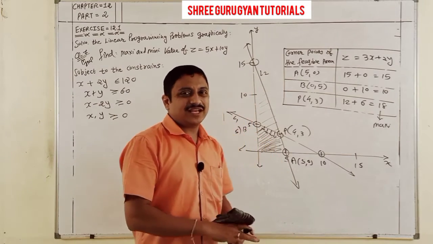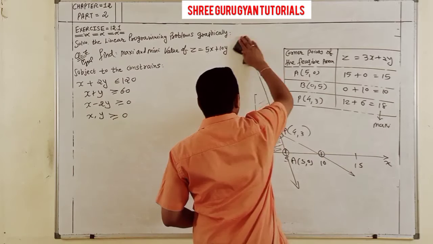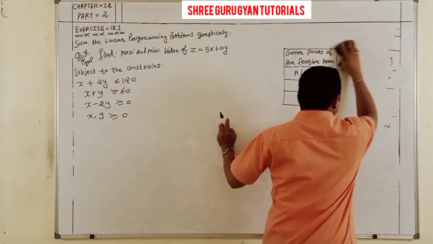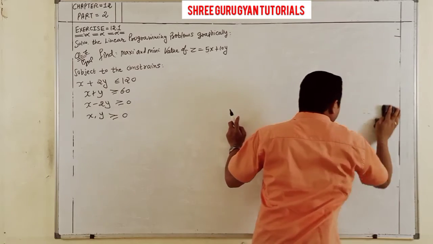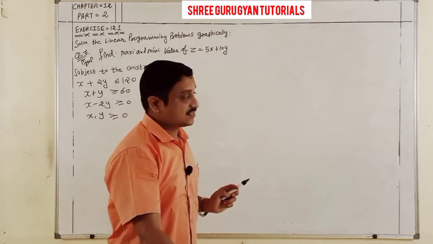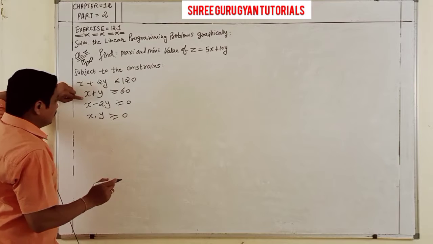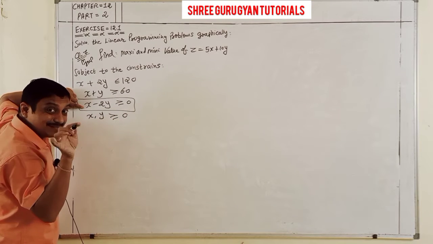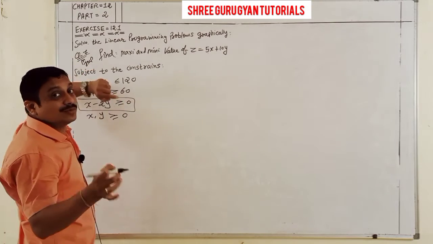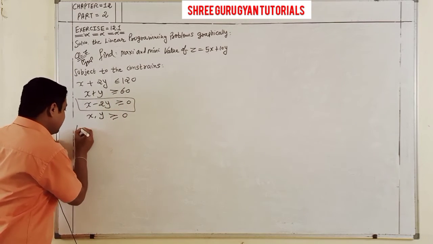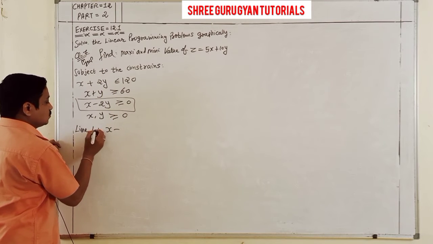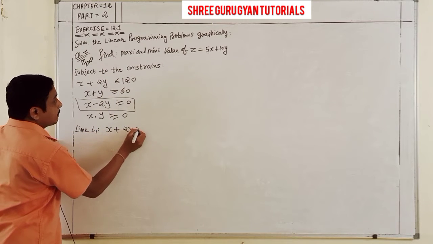So students, here actually three equations are given, and all three I will carry forward one by one in the tables, and then the graphs. Here first L1 and L2, this is a main step, because this line itself passes through the origin, that's why this numerical is important. So line L1 is x plus 2y is equal to 120.